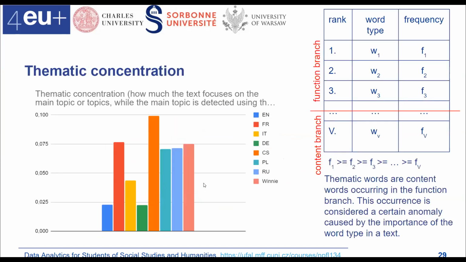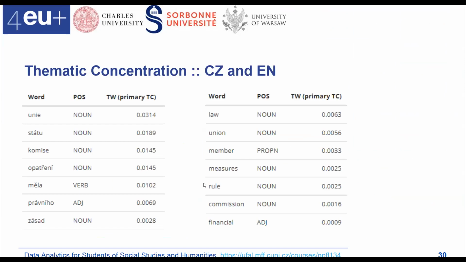So do you have some idea why it should be? Because we still have to think that this is the same text. This is the same legal text, and it looks like the Czech text is more concentrated on the main topic, and the German is not. So it's quite striking that there is such a difference.